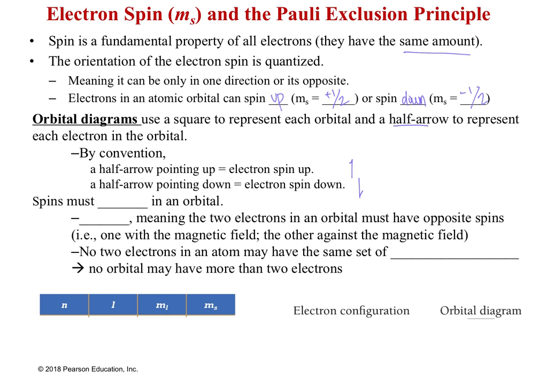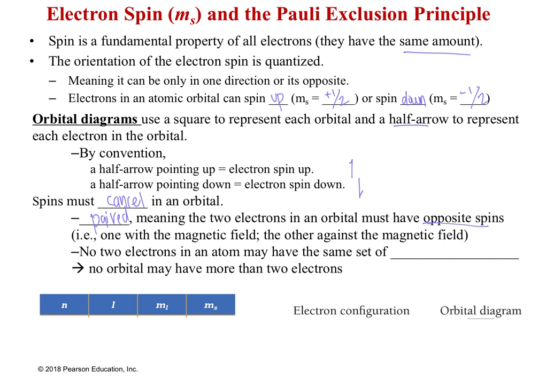When we have more than one electron in an orbital, they need to cancel each other out. So they need to be paired. That's what I mean by cancel out. So we'll have two electrons with opposite spin, one spin up and one spin down.